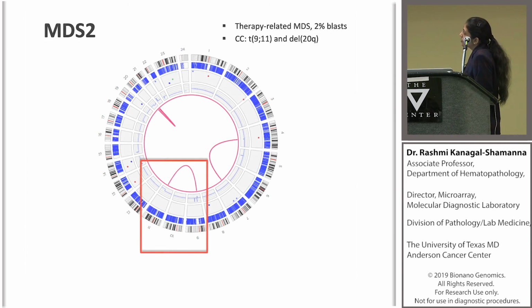Then looking to the next translocation, the 9;11 translocation. The preliminary impression, if there's a 9;11, is that this patient has a rearrangement of the MLL gene, because especially in the therapy-related setting, that's the most frequent.